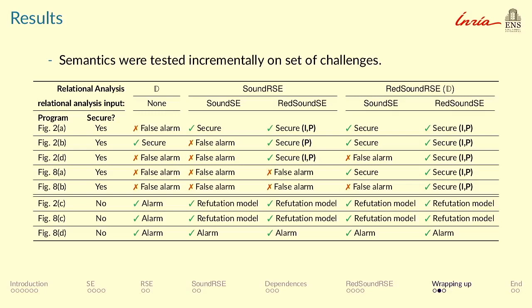In the second row, we have the SoundRSE, the relational symbolic execution with the bad over-approximation, and we can only prove one. Then, by going to the right, we end up using dependencies and getting a higher precision. On the bottom, you can see that we also have some examples where we can use this refutation up to a bound, where we have an over-approximation, and then we can give an actual refutation trace.